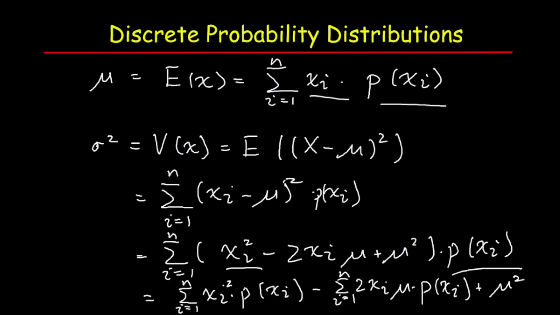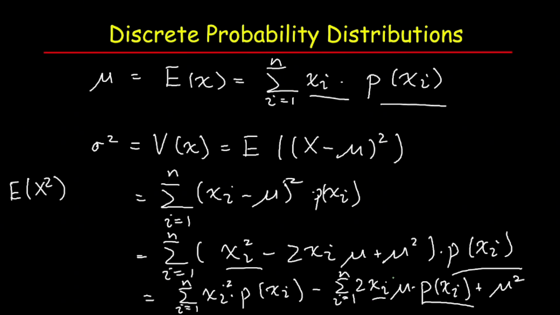Well, we notice that xi squared times p(xi) is just the expected value of x squared. It's exactly the same as E(X), except xi is squared. Then we take a look here: xi times p(xi) is just mu, especially when you sum it.